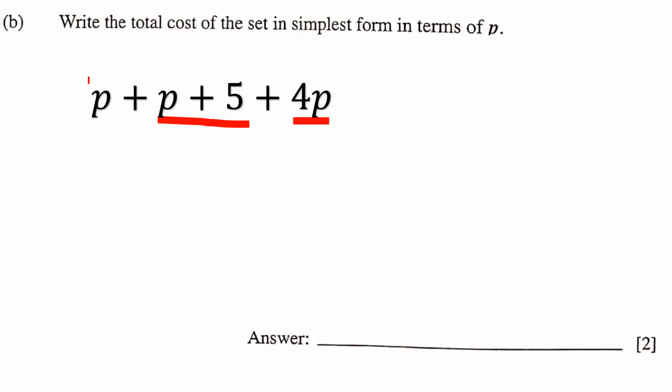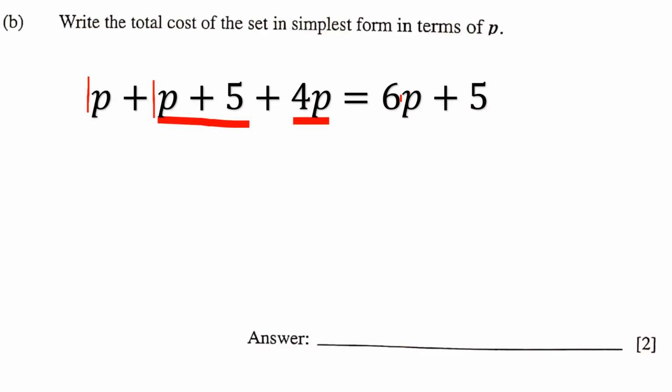So this is actually 1P plus 1P, and 1P plus 1P is definitely 2P. So we have 2P plus 5 plus 4P. We can only add like terms. So we have 1P plus 1P, that's 2P, and then plus 4P. Altogether, that's going to be 6P. And 5 is not a like term with P, so we just leave it like that.